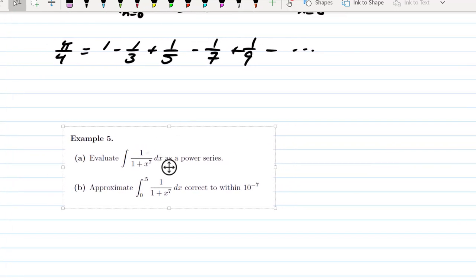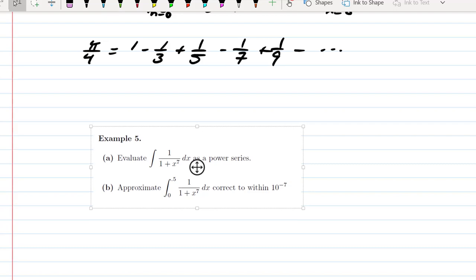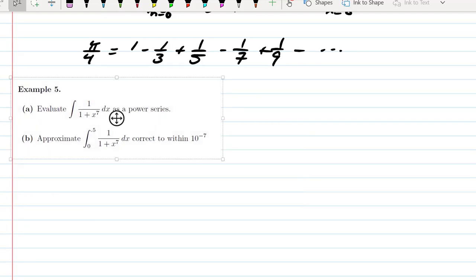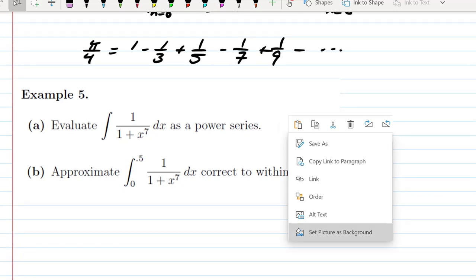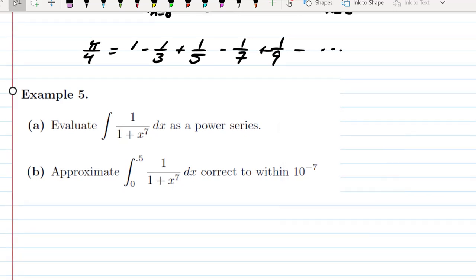One of the things that we found earlier this semester is that there existed certain functions that didn't have elementary antiderivatives. That means that regardless of what technique of integration we used, by parts, u-substitution, trig substitution, whatever, it was impossible to find an antiderivative.